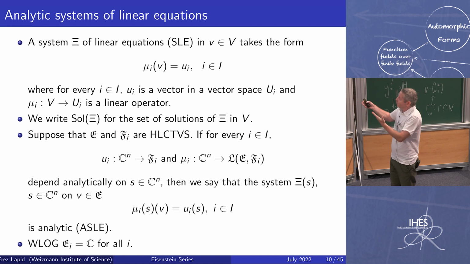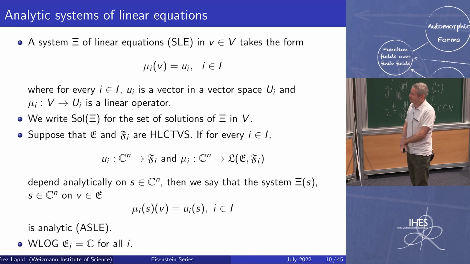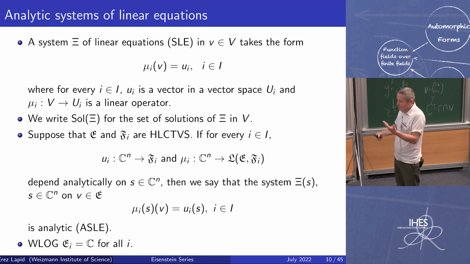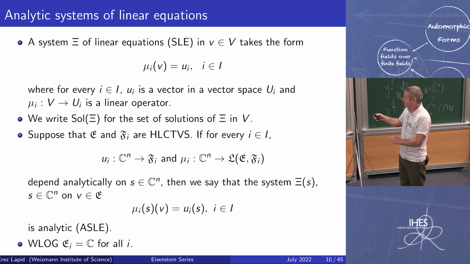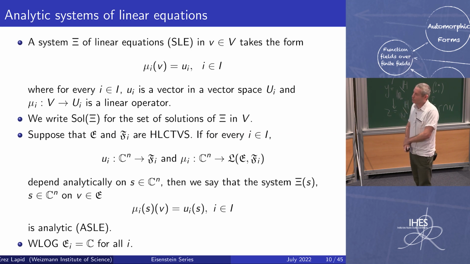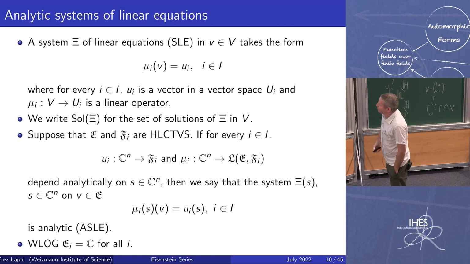So sometimes you just look at linear functionals, but in practice, these equations are usually given by operators. But of course, you can always apply a linear functional. It will be the same data. And we will write Sol(ξ), this letter is xi, I guess, for the set of solutions, an affine space. So this is just linear algebra, but we will have some topology.